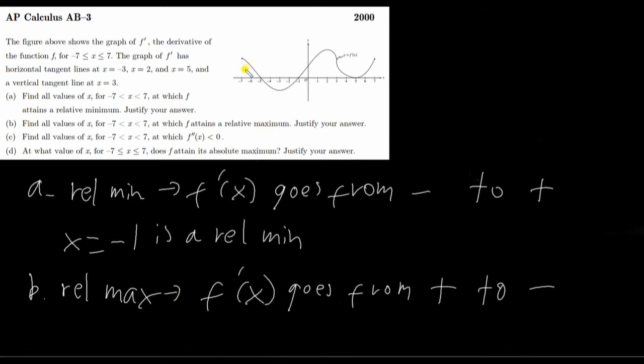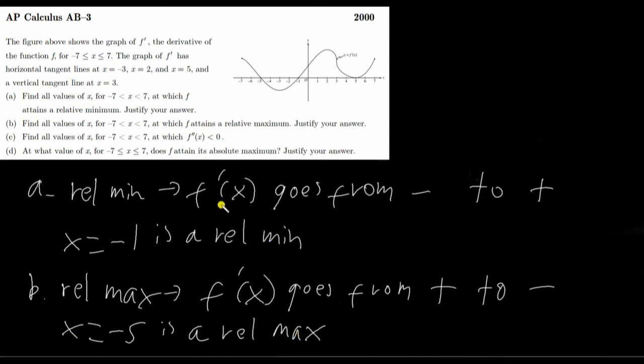And again, that's only happening at one place, at -5, right? Here it's positive, here it's negative, so it's the only place where it's switched like that. So we can say x equals -5 is a relative maximum, and then for justification, you'd say f prime of x changes from positive to negative at x equals -5.